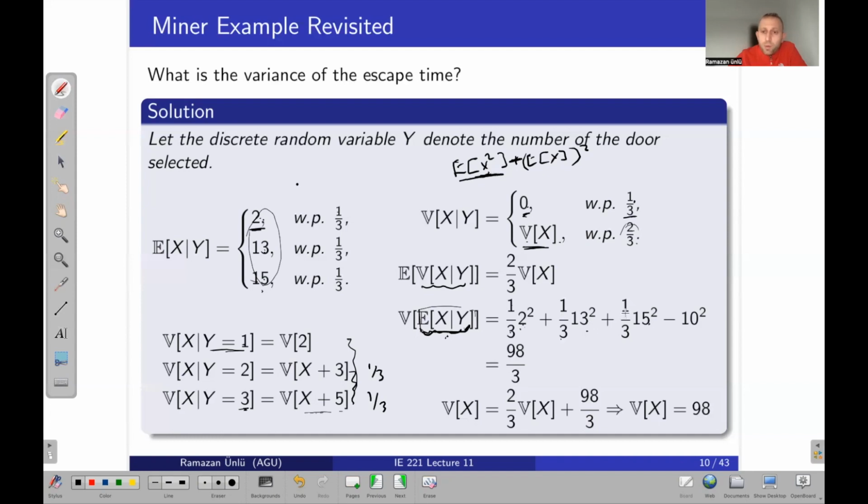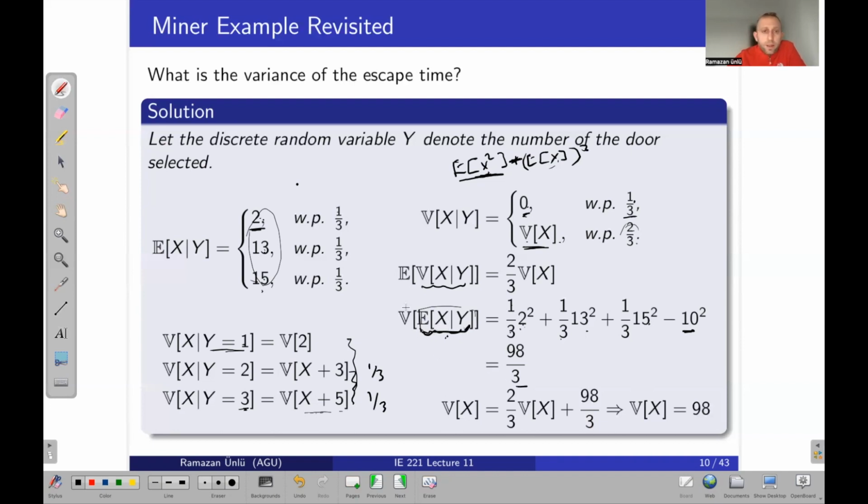And the last term will be 1/3 times 15 squared, minus the expected value of x squared. And we just calculated in the previous part the expected value of x, which is 10. And the result will be 98 over 3, which is the variance of the expected value of x given y, right?